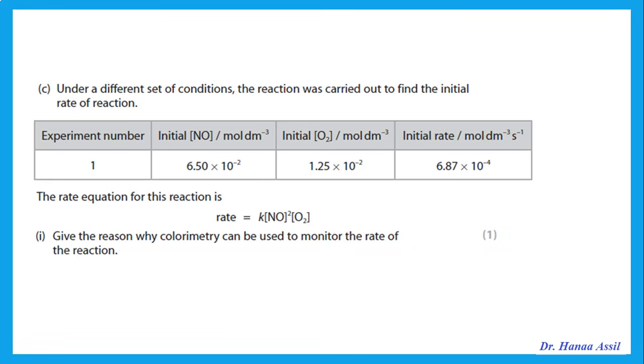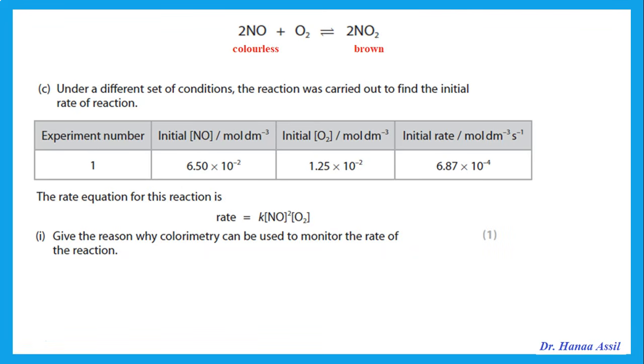Under a different set of conditions, the reaction was carried out to find the initial rate of the reaction. He gives me the values for experiment 1 and the rate equation. Now, first, give the reason why colorimetry can be used to monitor the rate of the reaction. Why is it that I can use colorimetry for this reaction?